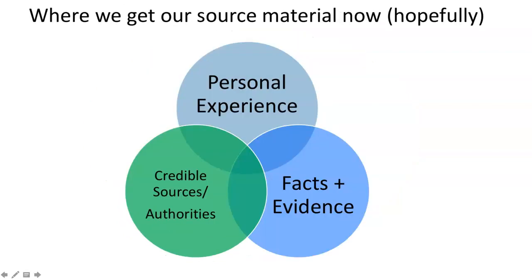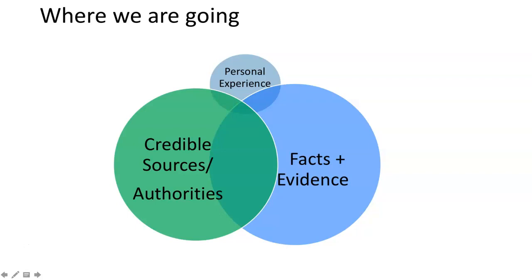Hopefully now, with that first communication course behind us, where we get our source material looks a little bit more like this, where we're looking at sort of equal parts personal experience, credible sources, facts, and evidence. Where we're heading in this course, with our emphasis on professional communications, is something that looks like this, where you're placing much more emphasis on credible sources and authorities and facts and evidence.